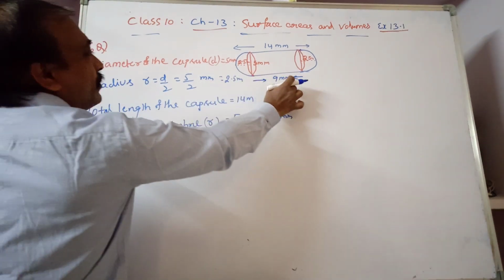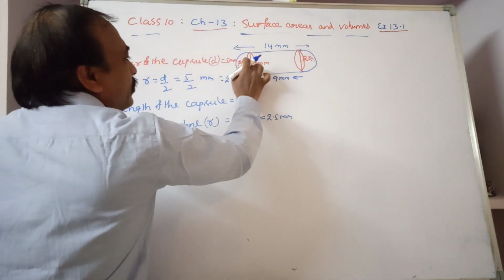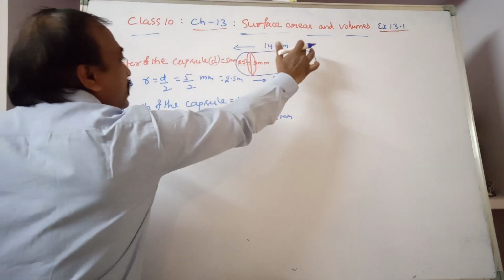Now if you want to find only the length of the cylindrical portion, from here to here is 2.5, from here to here is 2.5, together you have to subtract from the total length.